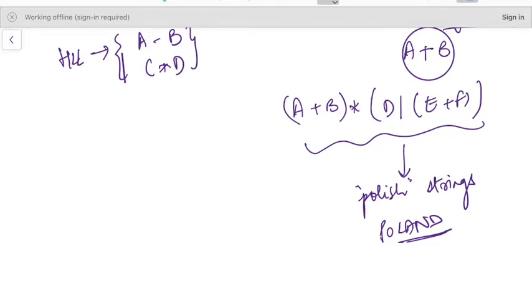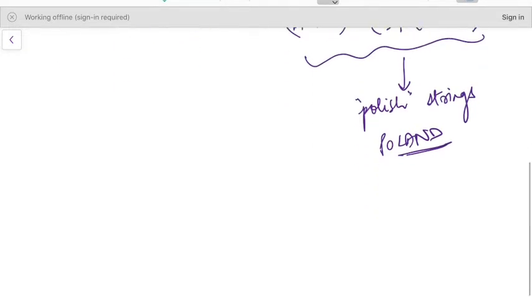So Polish string, what is actually this notation? This notation represents, so we have, say, some expression, high level expression, which we also call the infix expression.